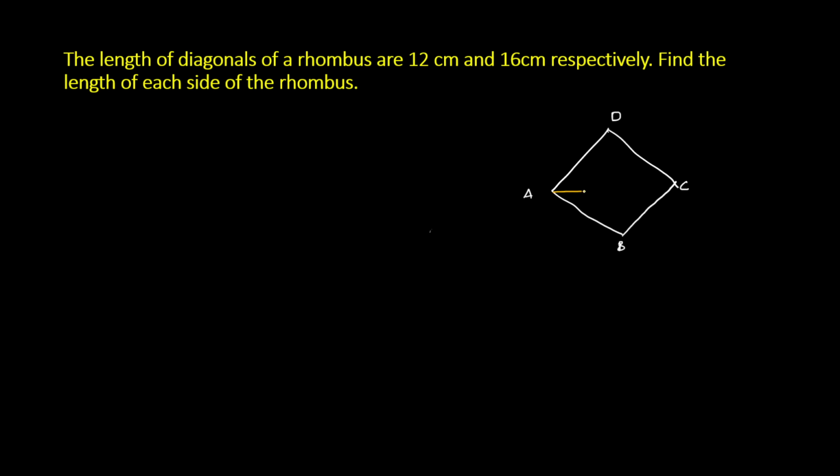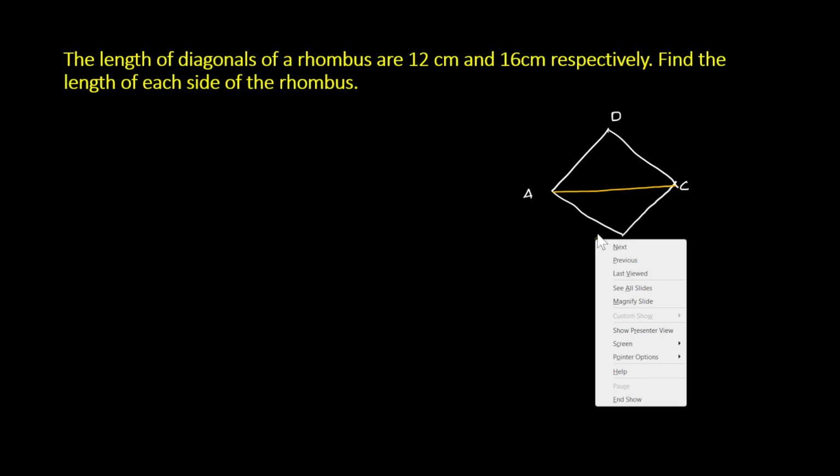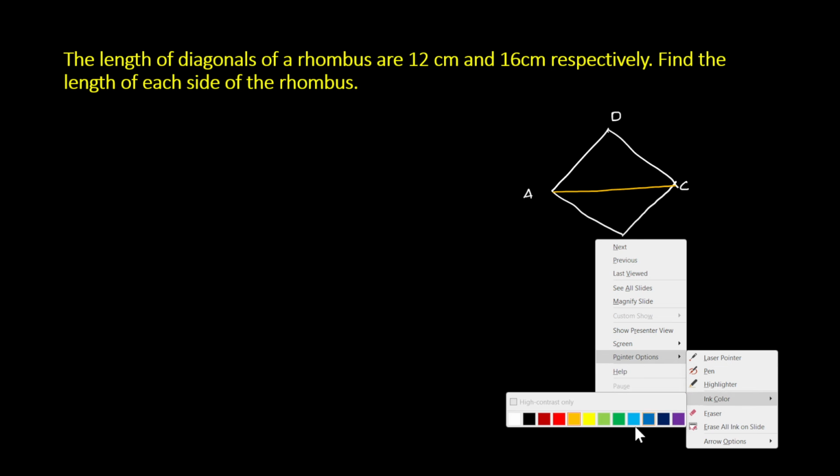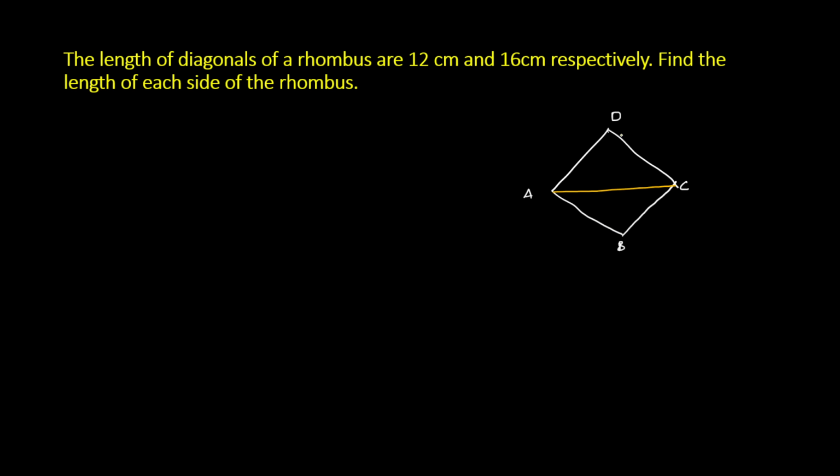One is AC and other is BD. Okay, now AC 12 centimeters అనుకుందాం. Let AC is equal to 12 and BD is equal to 16.